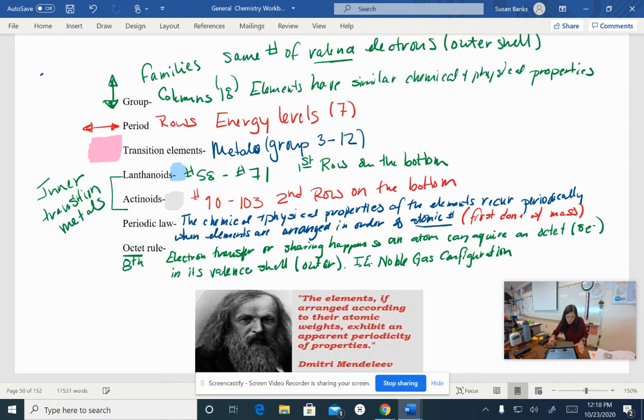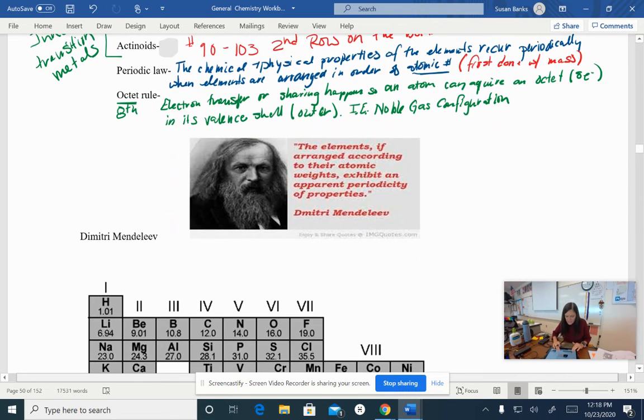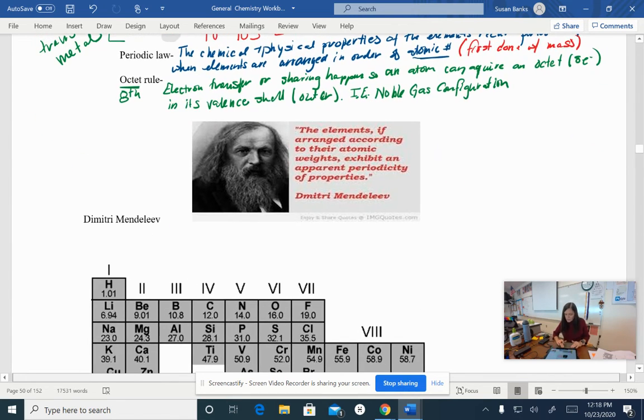Okay, so let's talk about the periodic table a little bit. And I will link a video to you. Dmitri Mendeleev, probably one of the most amazing scientists I've ever run across. Russian scientist, grew up very poor.